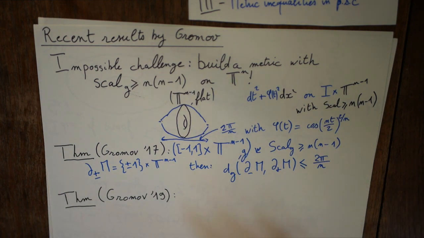So in his IHES lectures, Gromov proposed a new proof, which is based on a new thing which he calls the mu area. So this is a new functional. Instead of using the area functional, you will twist it with some density. Instead of looking at the functional on hypersurfaces, you look at it on domains, and there is one part of the functional which is the integral of some weight function on the domain, and the other part is just the area of the boundary.